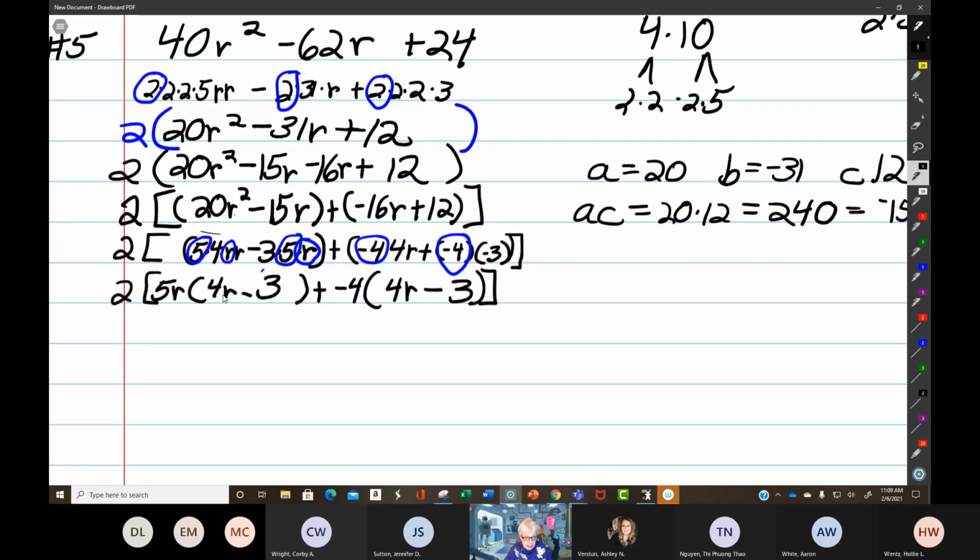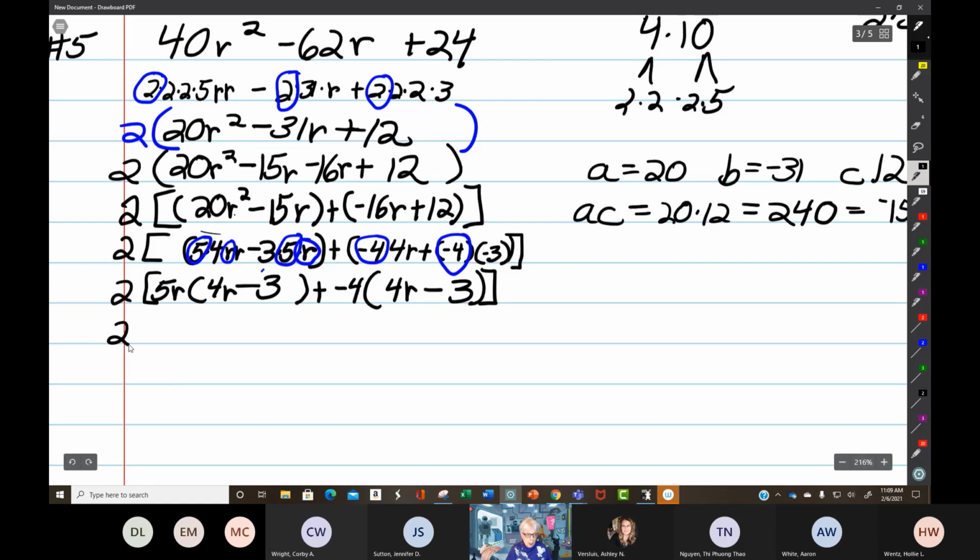All right, now notice that inside the brackets here, 4R minus 3 is going to be my GCF.